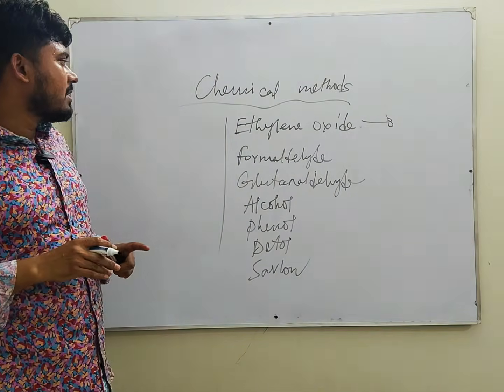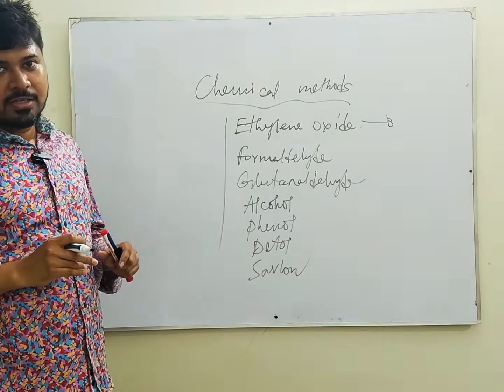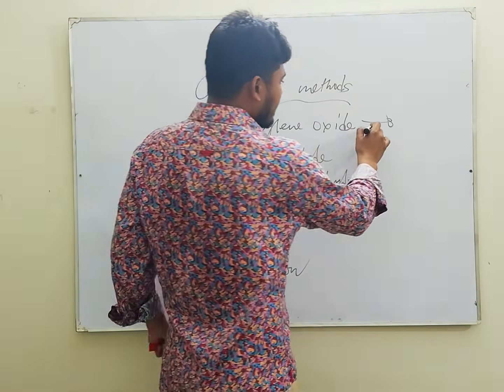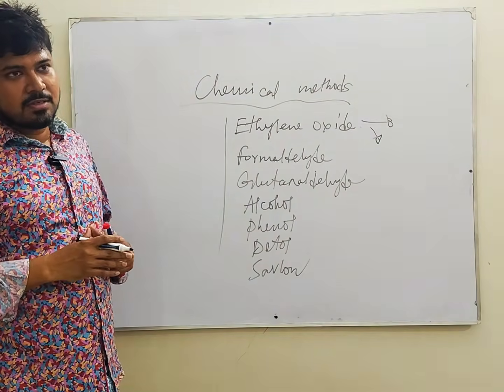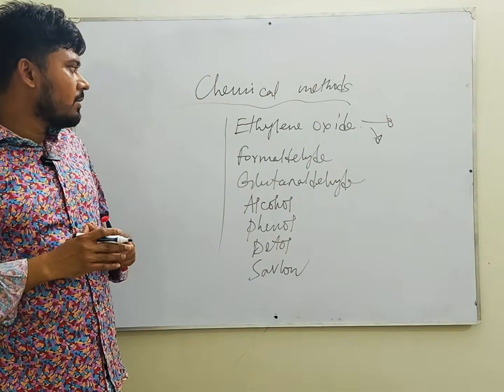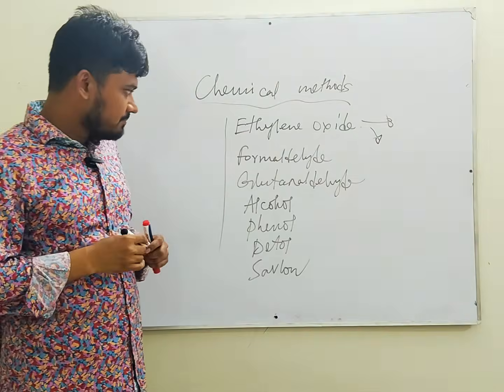I have already mentioned along with gamma radiation. Heat sensitive materials like Foley's catheter, disposable syringe, then surgical gloves, etc.